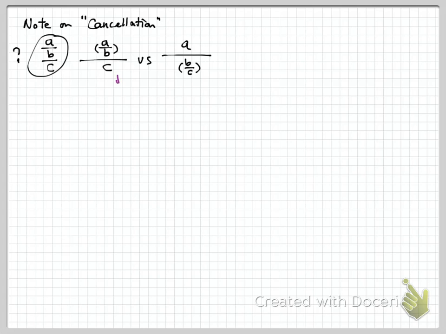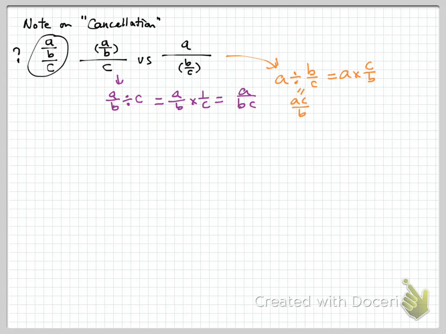For the first one, that would be a over b divided by c, and that is a over b times 1 over c. So that is a over bc, right? While the next one, you have a divided by b over c, and that means a times c over b, and that will give you ac over b.